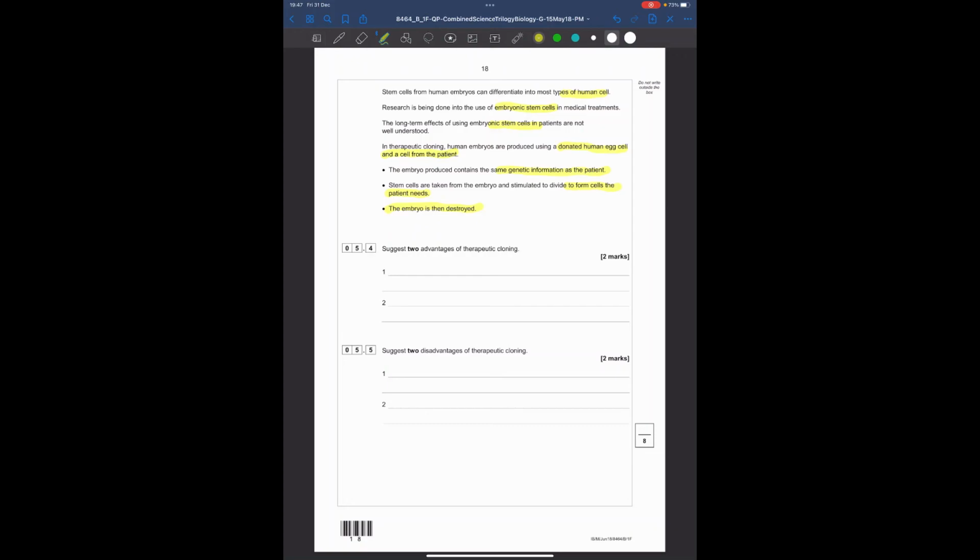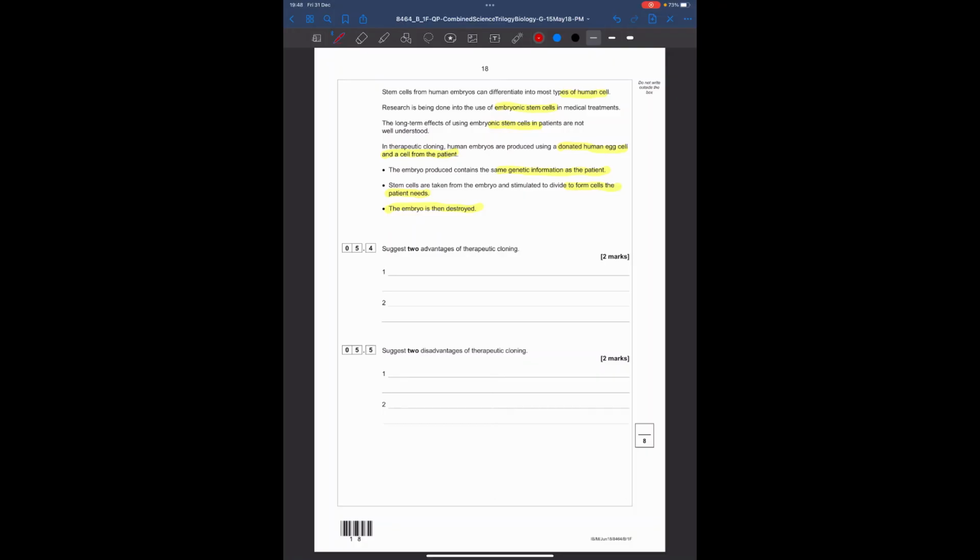That embryo or that cell is then given a little shock to start it dividing, and then it can be turned into the types of cell that the patient then needs. So suggest 2 advantages of therapeutic cloning then.